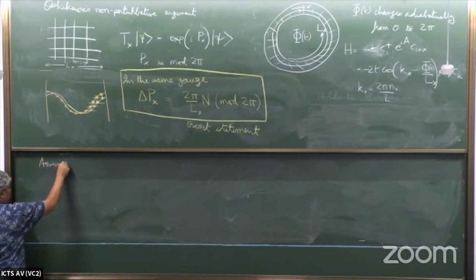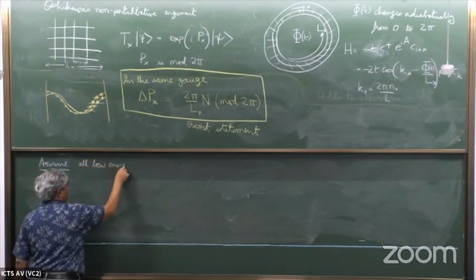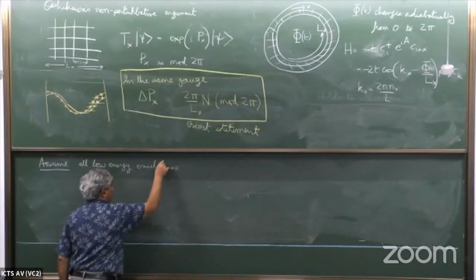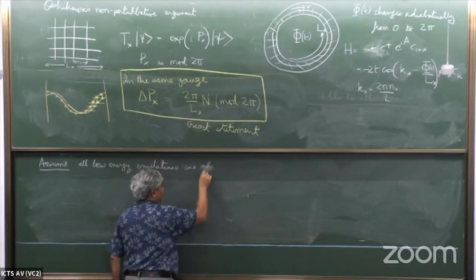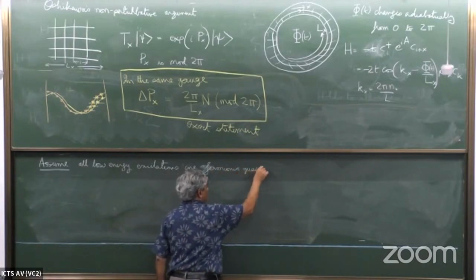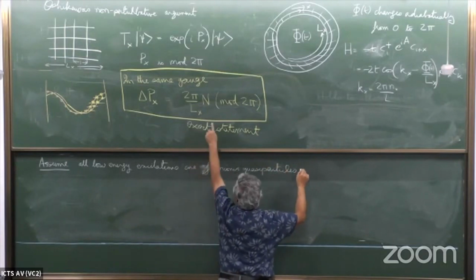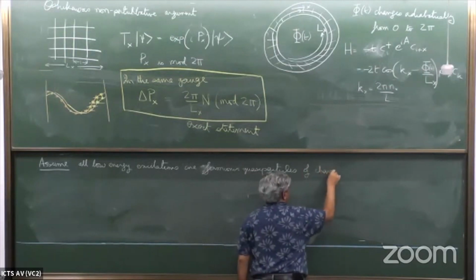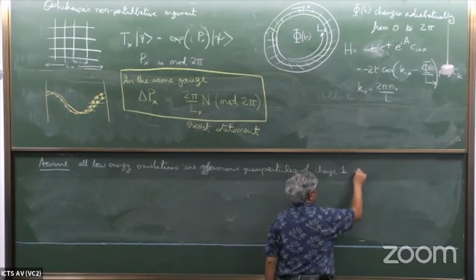Assume all low energy excitations are fermionic quasi-particles of charge 1, unit charge under this charge that's measuring the integer n, around a Fermi surface.